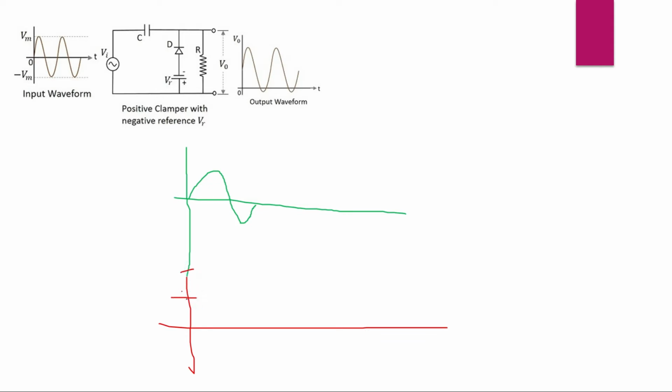In the positive half case, we got an output that is a 2 volts shifted version. It means positive bias mode. Whereas in the negative half case, we will get an output having 2 volts DC below, a shifted version of 2 volts below.